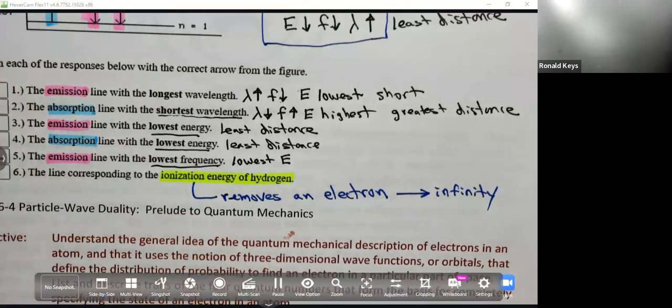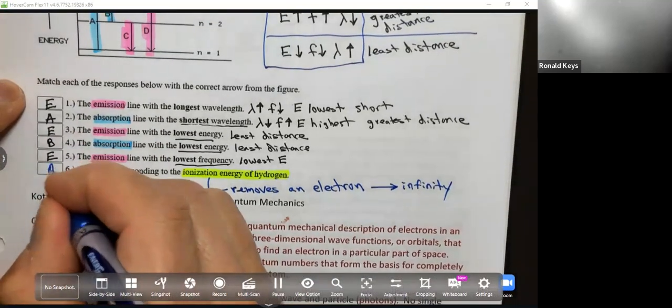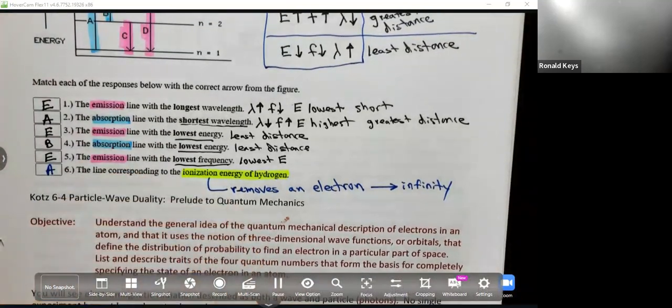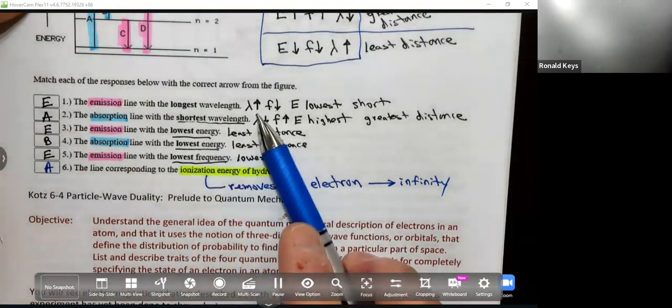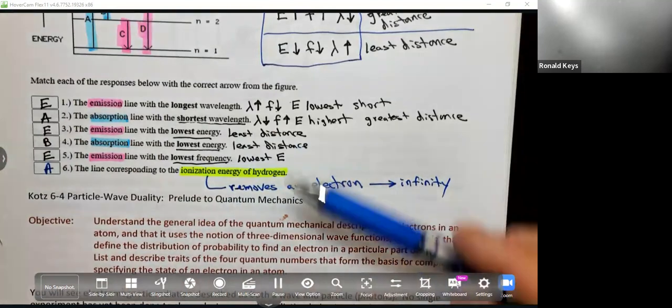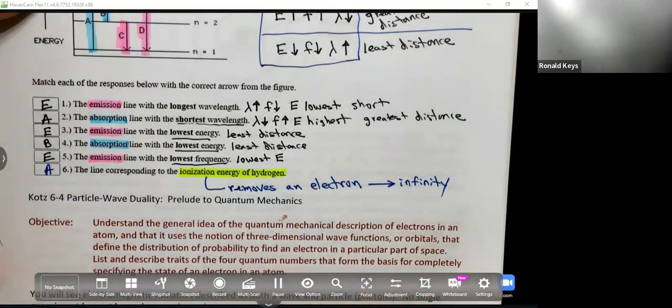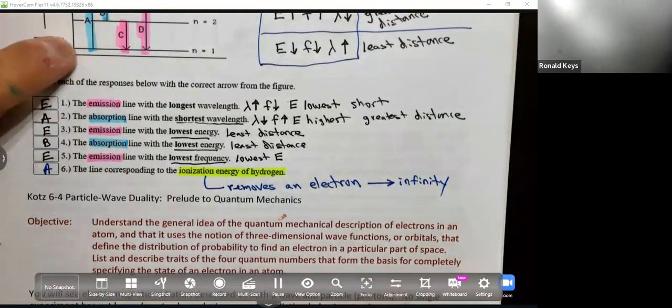And then that, of course, is A. The best thing to do is get frequency. Once you get frequency, you have energy, and then you're looking at the shortest or the longest distance. So I've got quite a few of these.